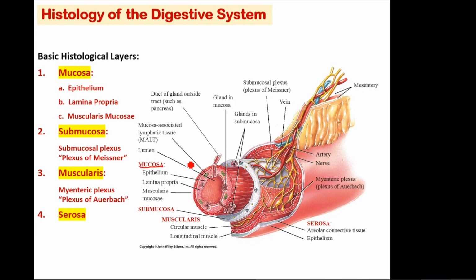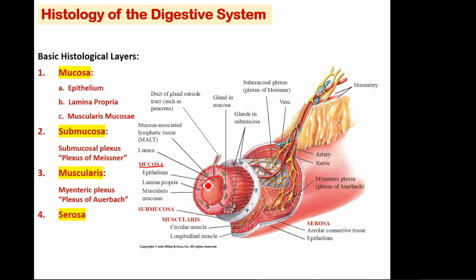Keep in mind that we have four layers across most of the GI system. They are the same, except with a few exceptions. So when you say mucosa, you have to remember three things. The first, more internal layer is the epithelium that lines this whole tube.